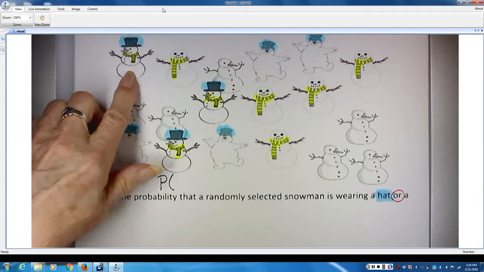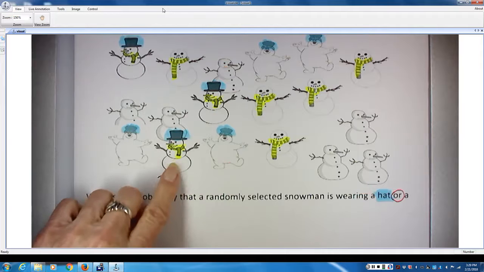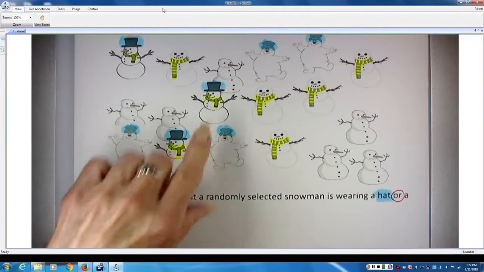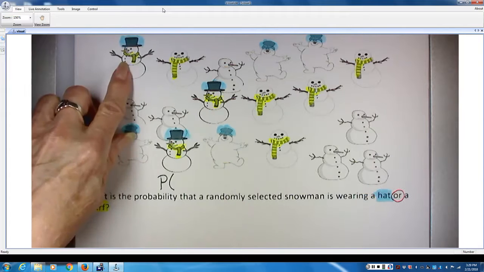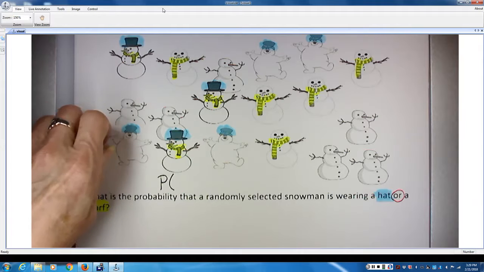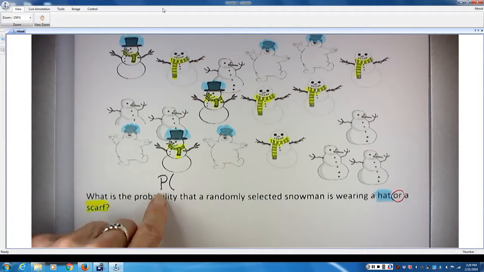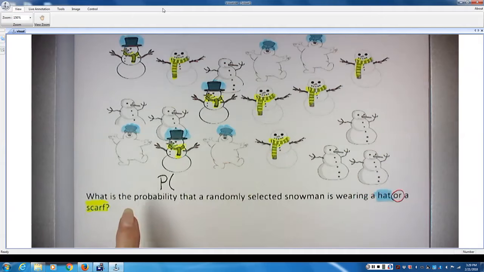So if I count this one because he's wearing a hat, and this one, and this one, and then come back around and count those same three snowmen because they're wearing a scarf, that's not going to be the number of snowmen that are wearing either a hat or a scarf. Okay? Now, you need a rule to do that unless you've got pictures. If you've got pictures, then you mark the ones that you need to count, and then you only count the ones you marked.